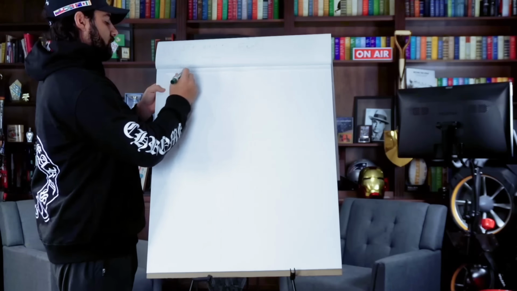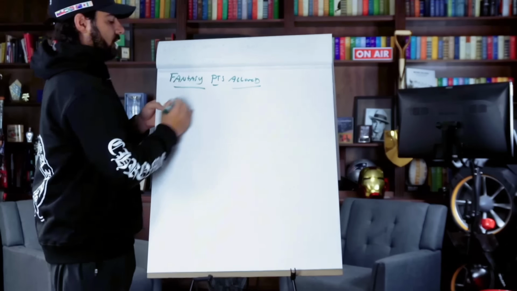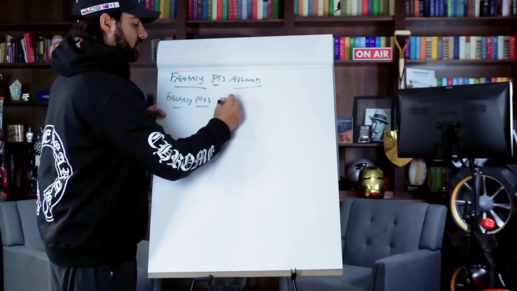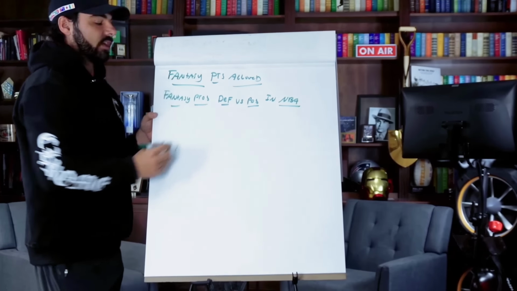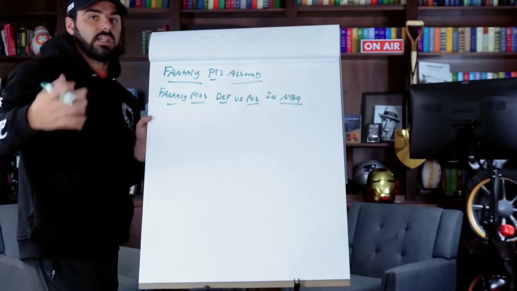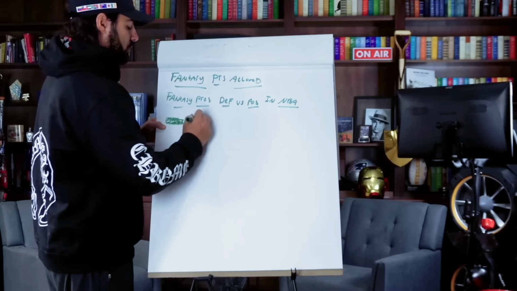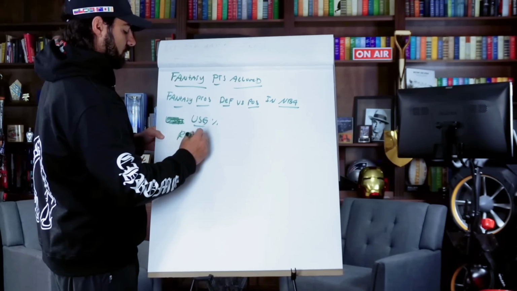So first off, if you want to look at the fantasy points allowed, you go to Fantasy Pros. And in Fantasy Pros, you put defense versus position in the NBA section, all right? That's where you find how many fantasy points that team gives up per position. Now, usage rate. For the usage percentage, you could use Roto Grinders.